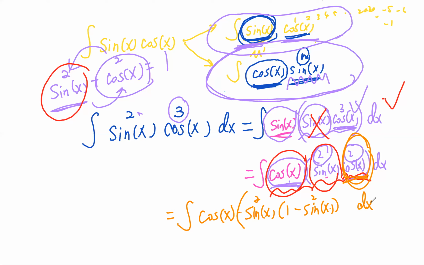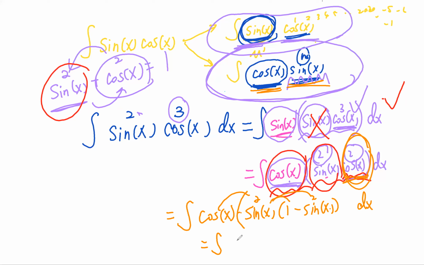After this change, we have to open the parentheses because we are trying to get the cosine combined with the sine, right? So now I open the parentheses. I'm gonna do this first, so that I remember that's gonna be sine squared minus sine to the fourth. Then I times it.